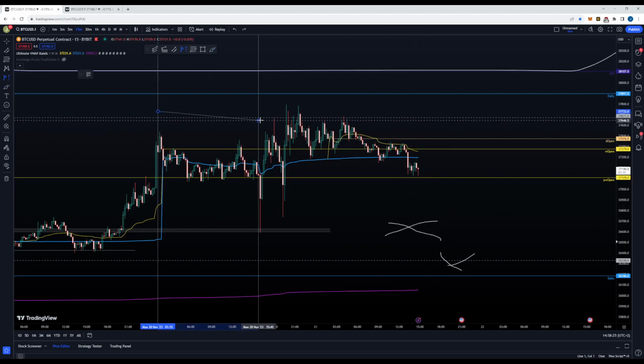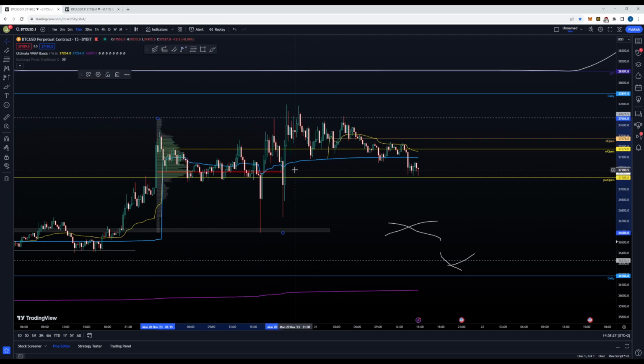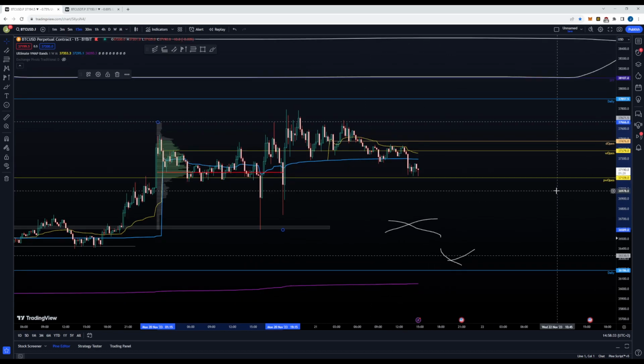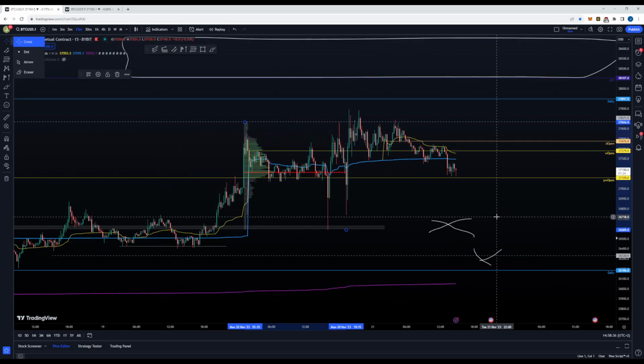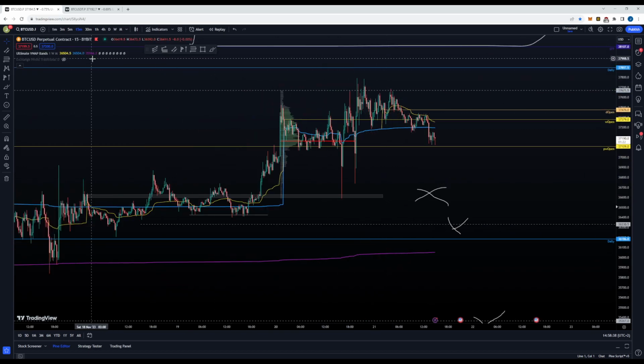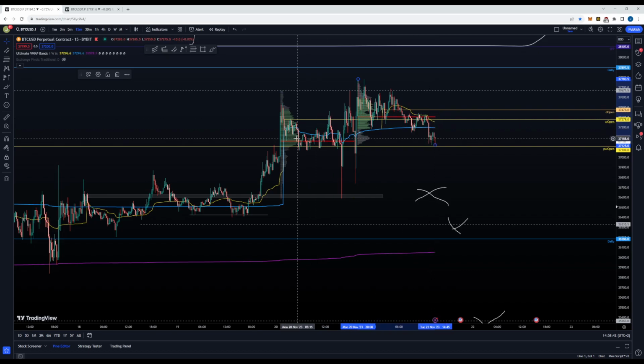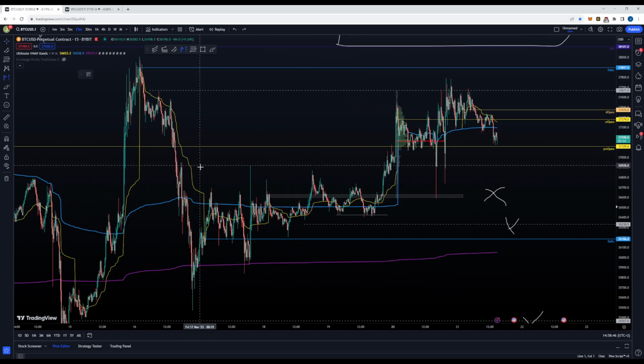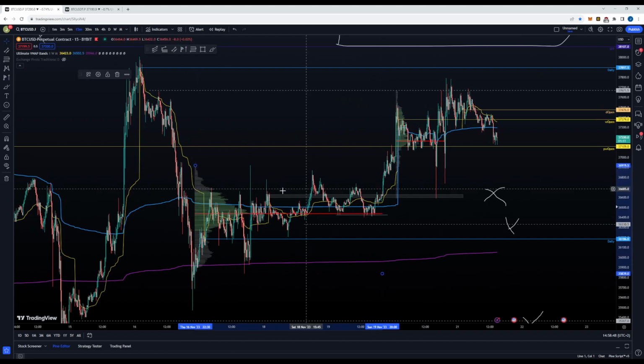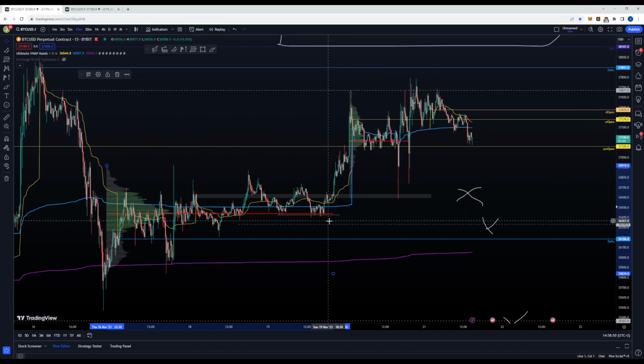Where do we drop? The previous day's point of control, where the most volume was transacted yesterday. If this holds, if POC holds, like we have another POC here, if POC keeps moving up, I consider this an uptrend. We have another POC here, I consider this one big consolidation.